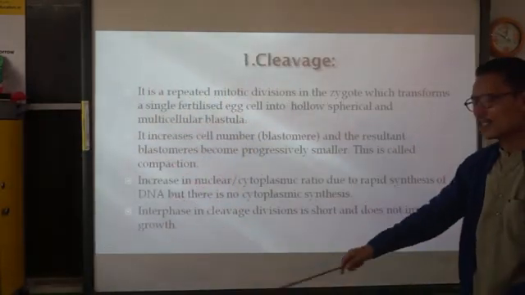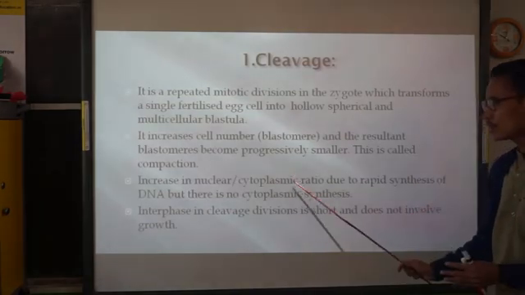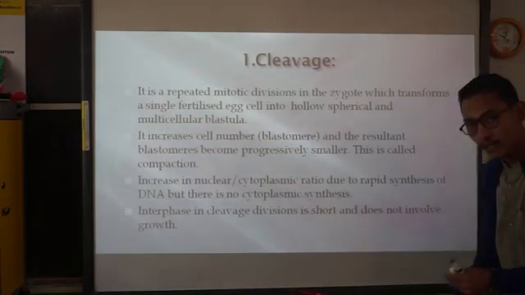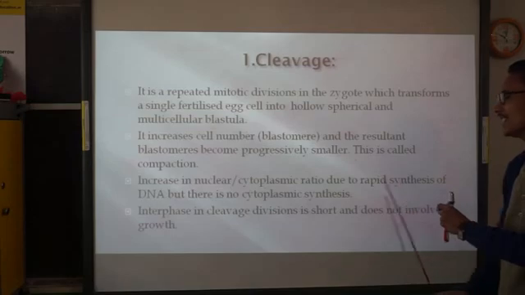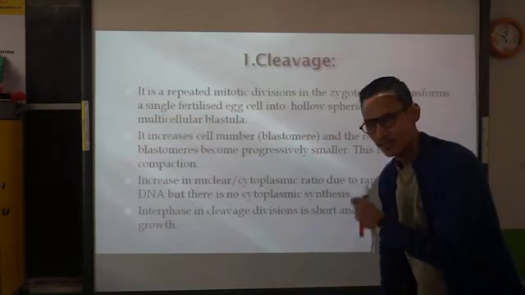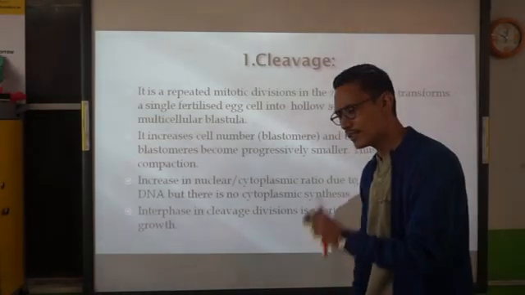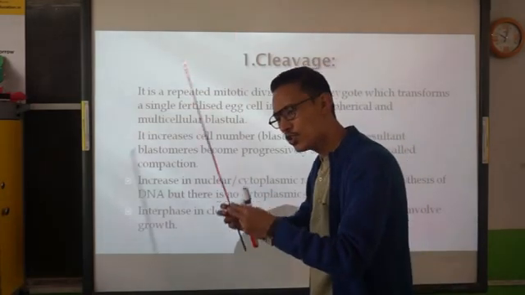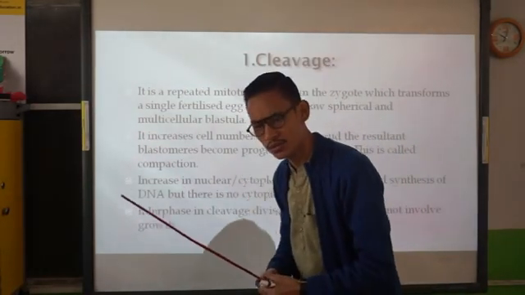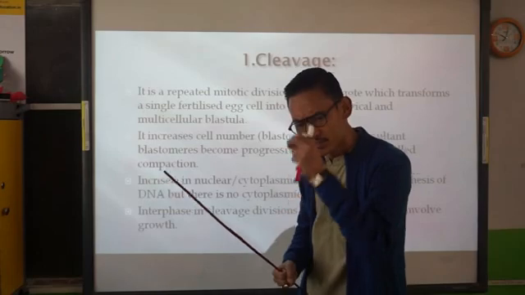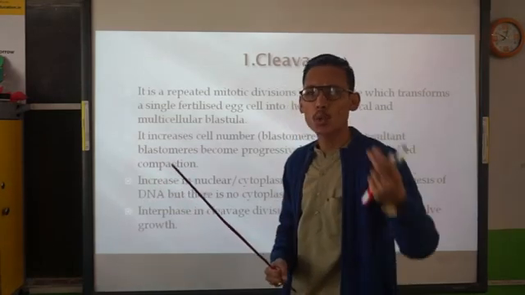There will be an increase in the nuclear cytoplasmic ratio. Why? Because there will be rapid DNA synthesis. Now why is there a need for rapid DNA synthesis? Because those new blastomeres which are produced must also contain DNA and chromosomes.